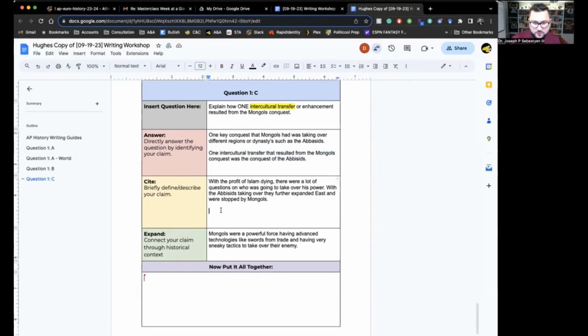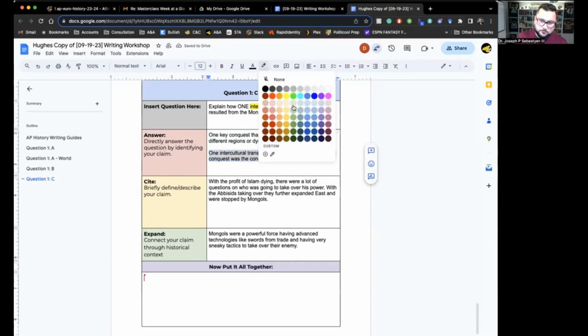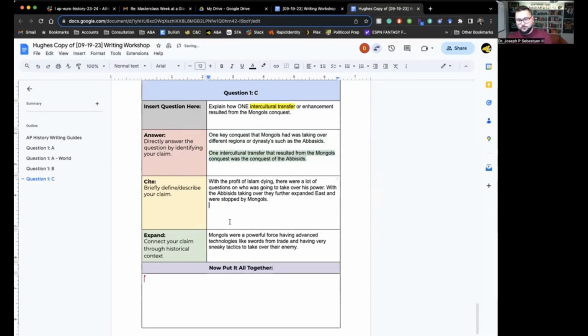Did the Mongols take anything from them culturally? Yes, they did. What did they take? Well, the Abbasids were starting money and they had different culture diversities. Just pick one.